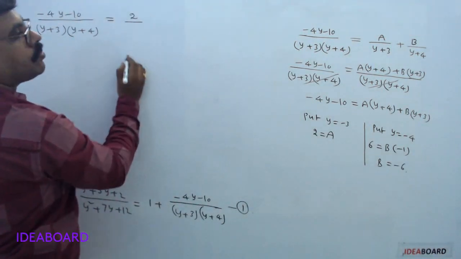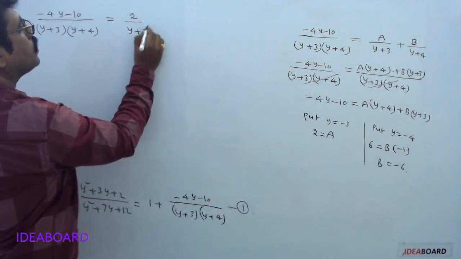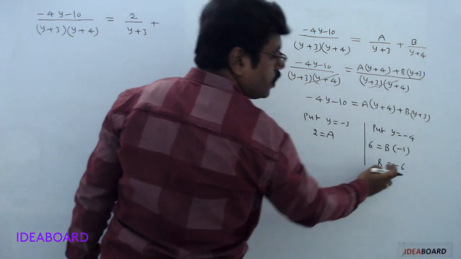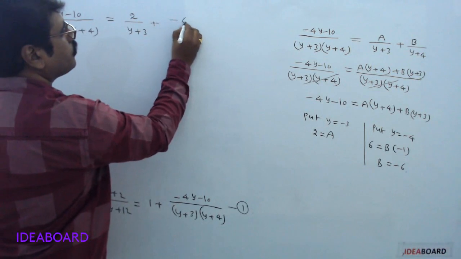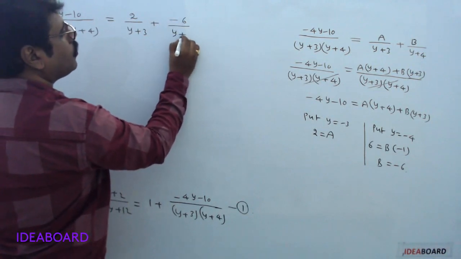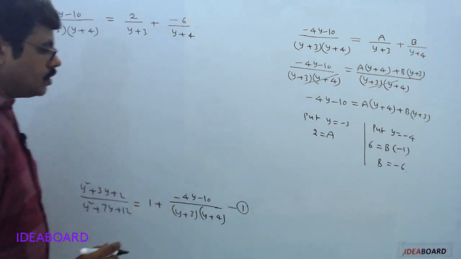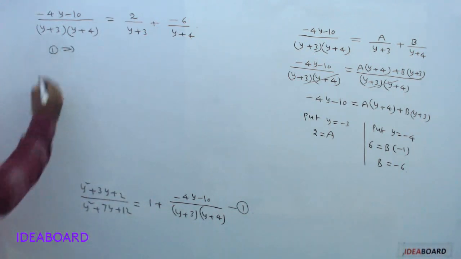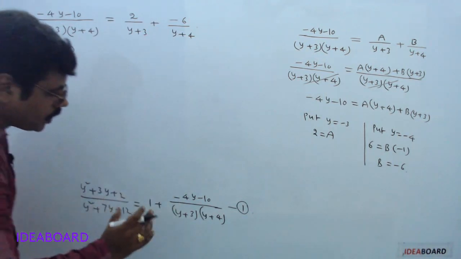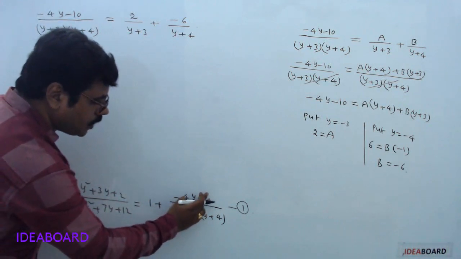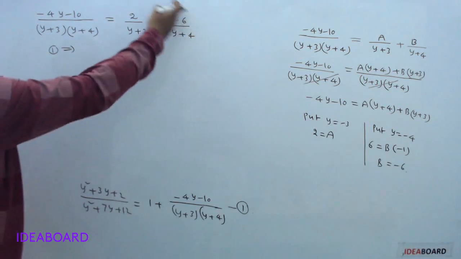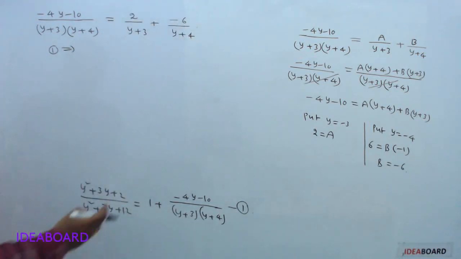So this is 2 divided by (y plus 3) plus b divided by (y plus 4), b value minus 6 divided by (y plus 4). Now take this equation 1. In this equation, in place of minus 4y minus 10 divided by (y plus 3) into (y plus 4), you can substitute this value.